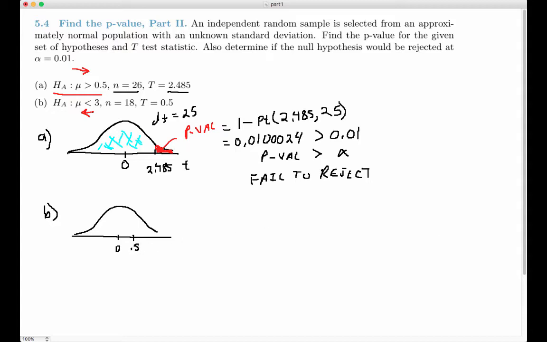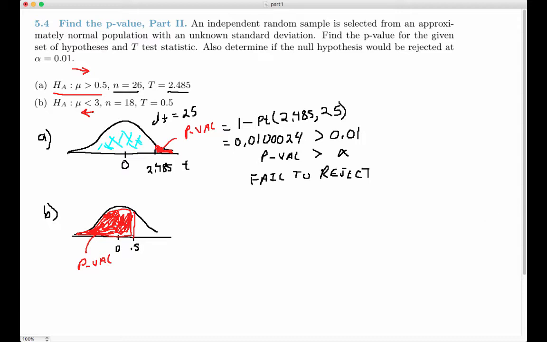And this time, we're in luck since we are one-sided to the left. That means that the shaded region, the region to the left, all this red stuff that I'm shading in here, will be our actual p-value.